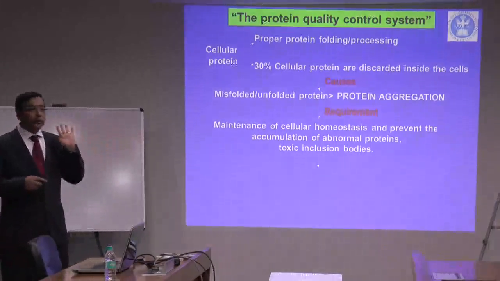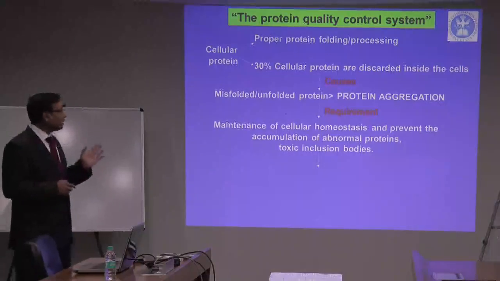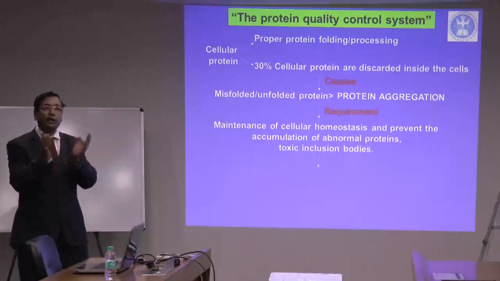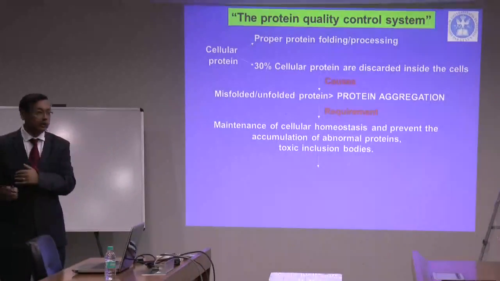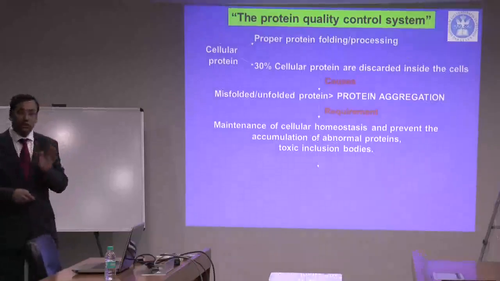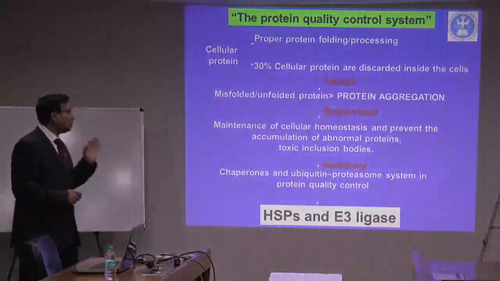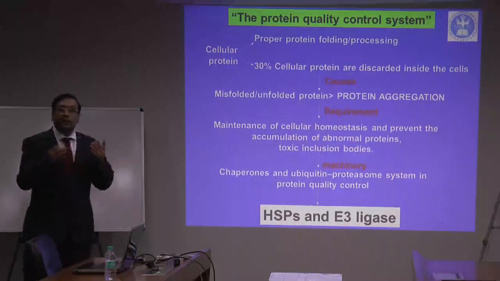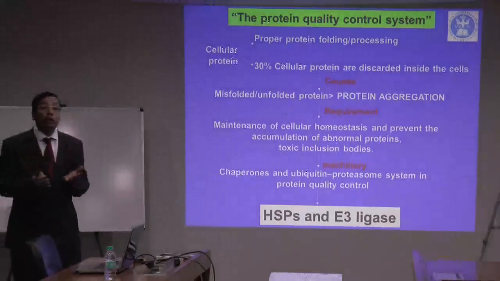This misfolding is called protein aggregation. And for that, the cell requires something to give a proper fold to misfolded or aggregated protein and make it a functional protein. For this, the cell requires machinery: the chaperoning machinery or the ubiquitin proteasome system. These two machineries try to maintain protein homeostasis.